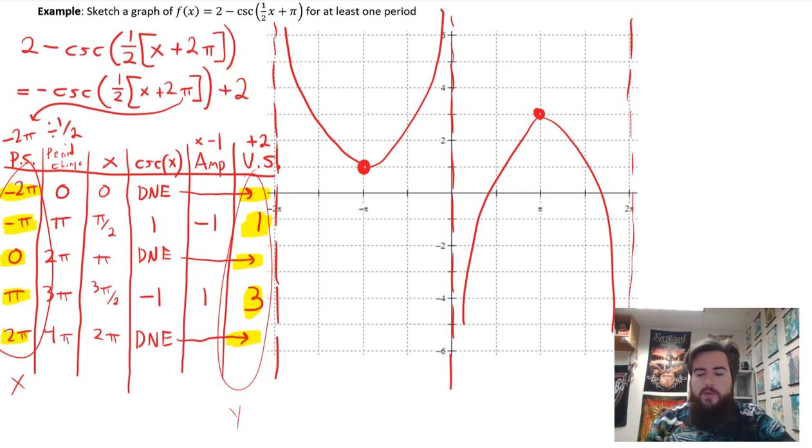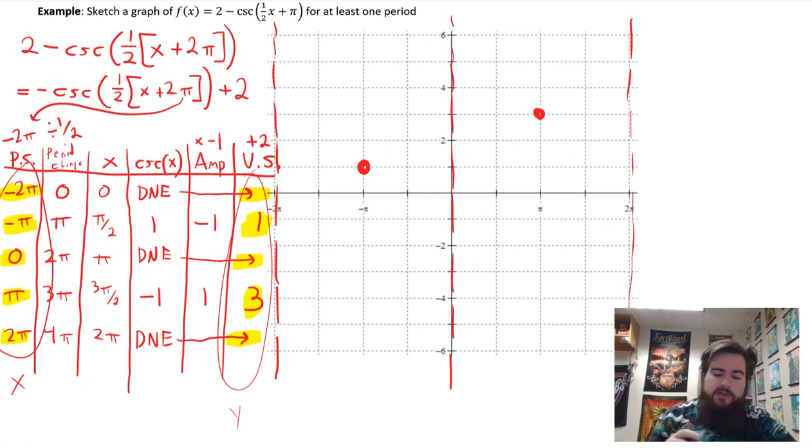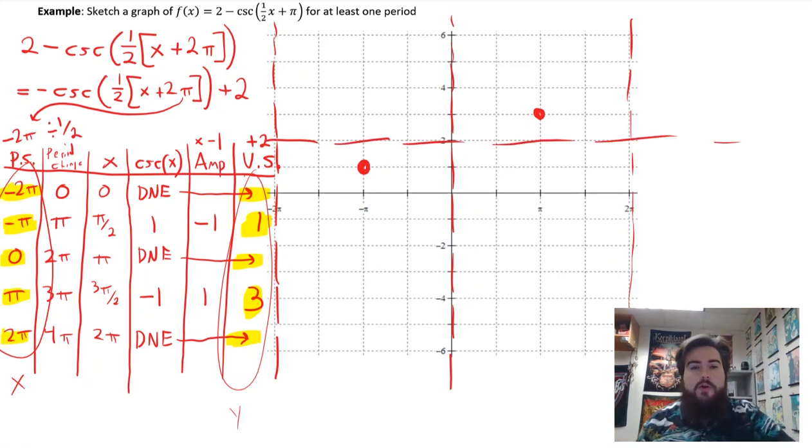These U's should be going in opposite directions, and more specifically, they are not going to cross over the baseline. Your baseline is at +2 based on our vertical shift. This should not cross over the baseline. So the U over here on the left should actually go down.